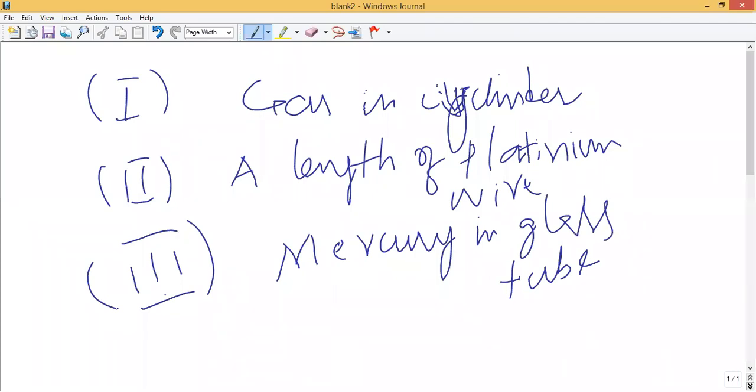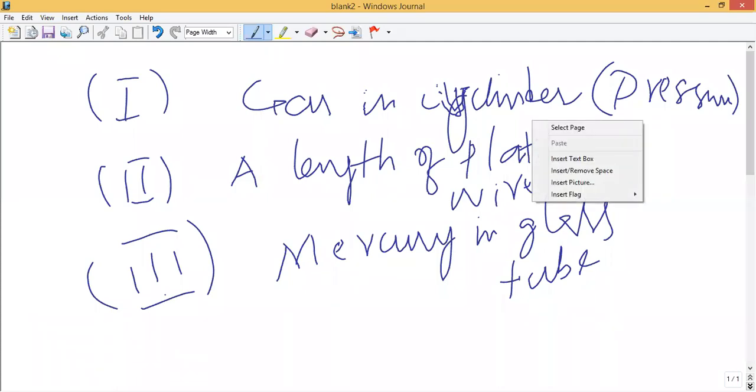So the thermometric property of the gas cylinder is pressure. It means we measure pressure because pressure changes with temperature. A property that changes with temperature, we measure that property. And in the platinum thermometer, a length of platinum wire or any conductor, we measure resistance.